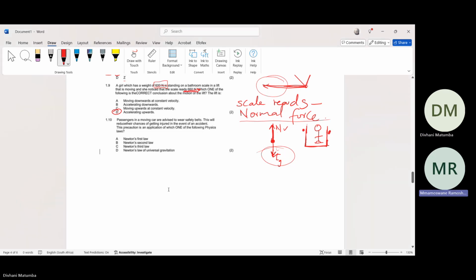Let me explain why I say A. When I think of Newton's first law, what comes to mind is inertia, which is the resistance of a body to any change in its state of motion. So if the car, for instance, brakes, then the body will want to keep moving in the direction in which it was moving.